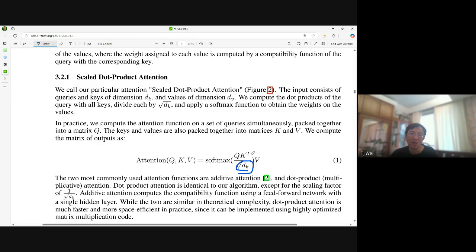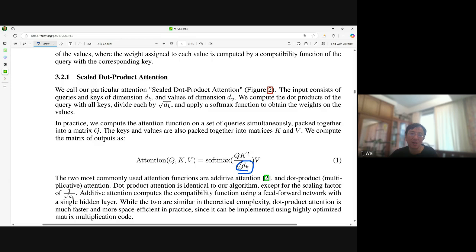When we get each row, we do a multiplication here, and we get the result for each row, one value.